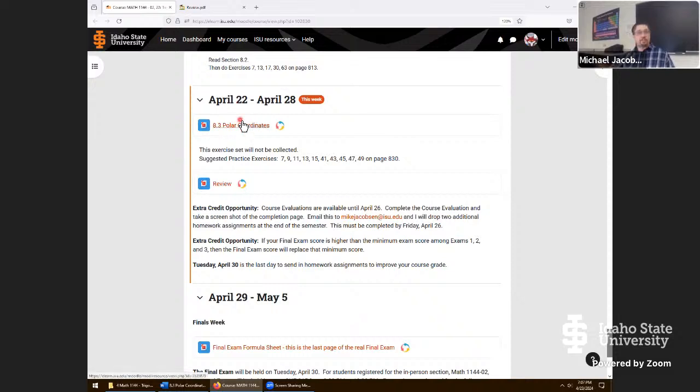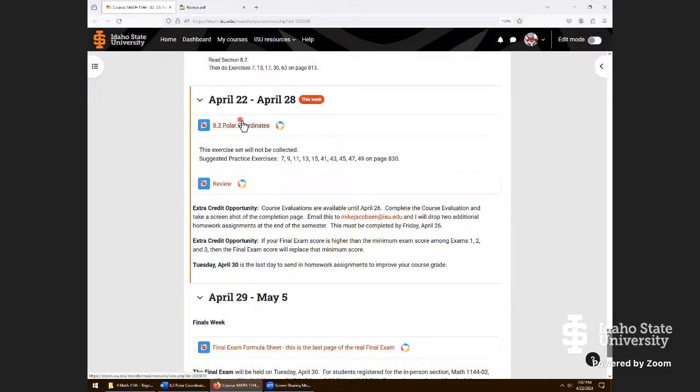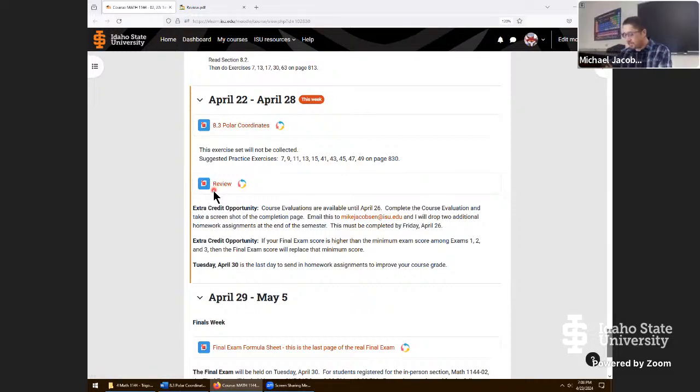But we have to first finish off our section 8.3, and then we're going to move into the review right after. Okay. But yeah, I'll be very happy to take a look at that question with you. In fact, just to make sure I don't forget, let me write this down as well. Exam 3 and the one with tangent. Like number 3, the one with tangent, like tangent alpha by 2. Gotcha. We'll be sure to go after that one as well.